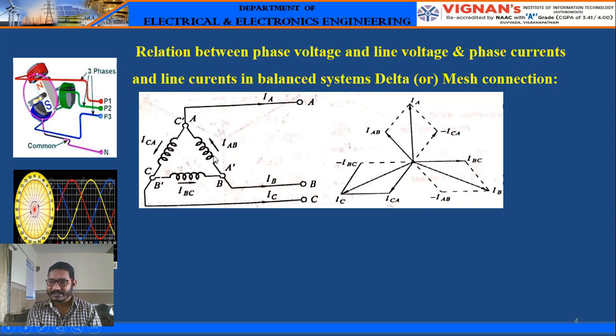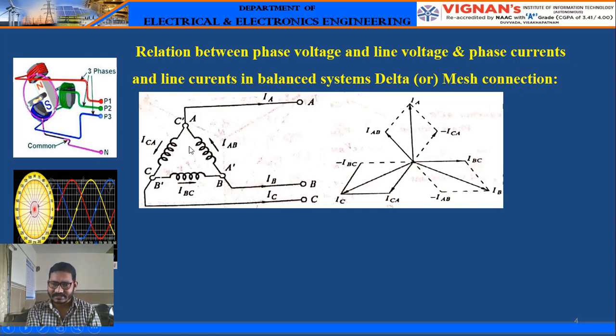You may otherwise consider them as IAA dash, IBB dash, ICC dash. Some textbooks give the direction like this, some give the opposite direction. The direction does not matter. Once you consider one direction of flow, you have to consider the same direction for all windings.